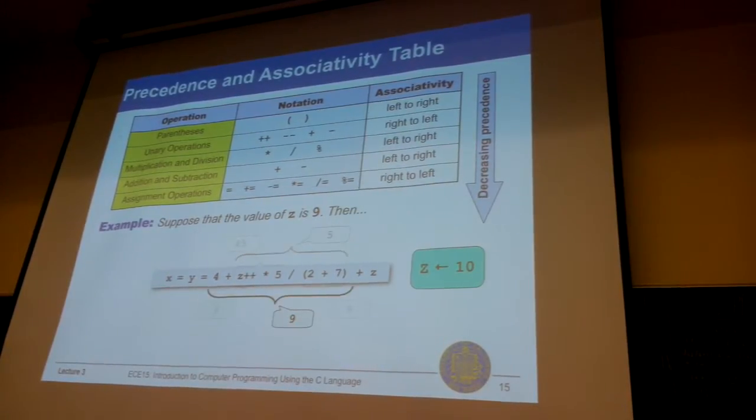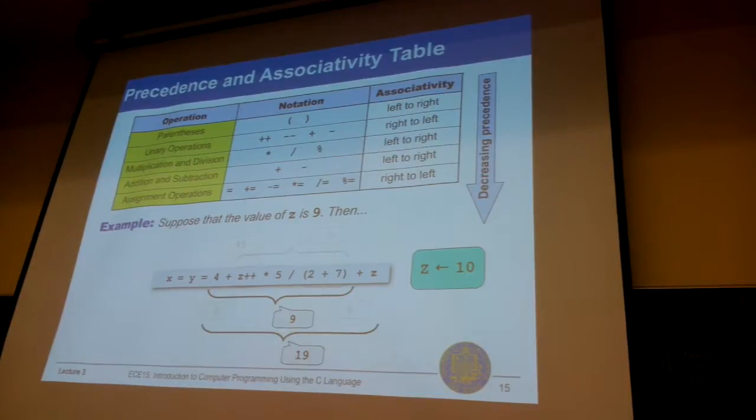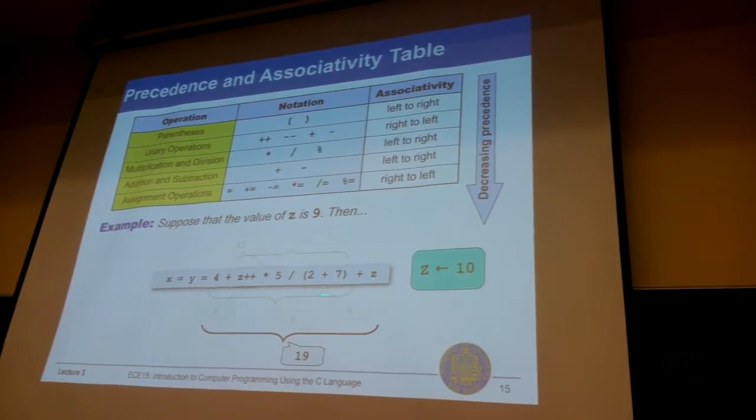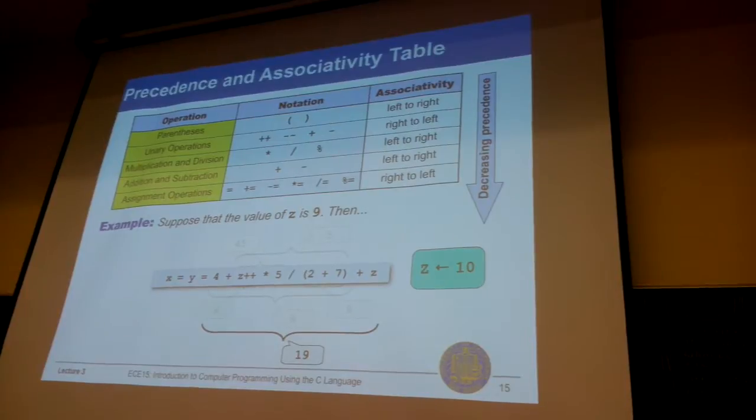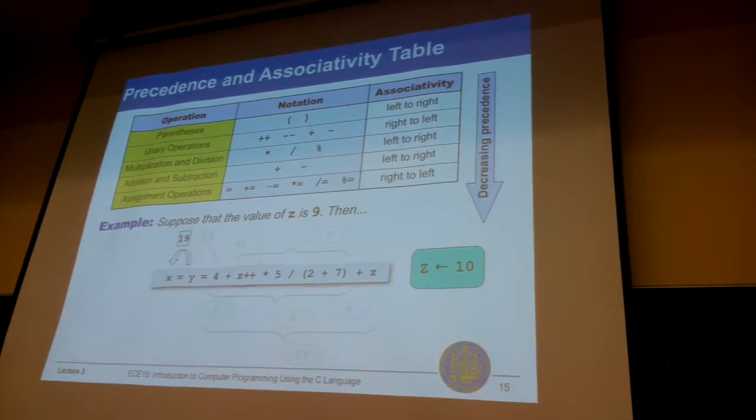And then finally, we start doing the additions. 4 plus 5 is 9, and we add 10, because z got incremented. So this entire right side of the equation is 19. Now we go from right to left to do our assignment. y gets set to 19, and then x gets set to 19. Is that pretty clear?